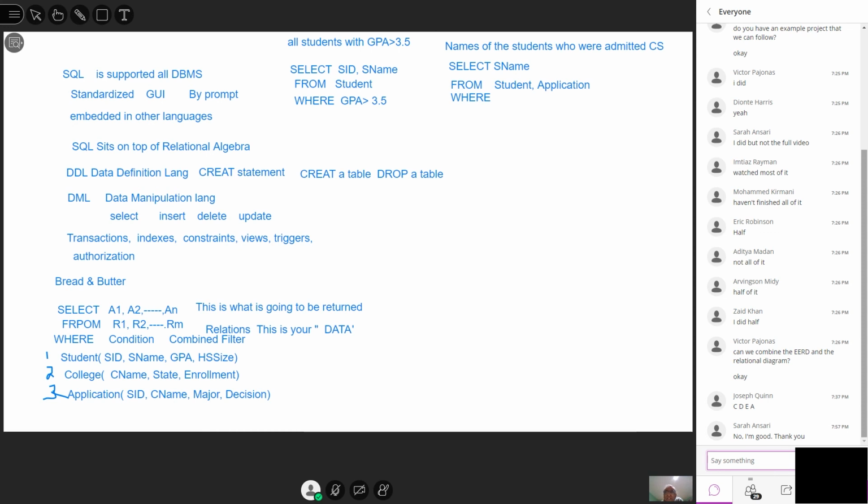What else do we need? This is not the only condition, because remember, this is a filter. What are the other conditions? These students applied to computer science, and they were admitted. So we have to say what? And, let's just use the word and right now, okay?